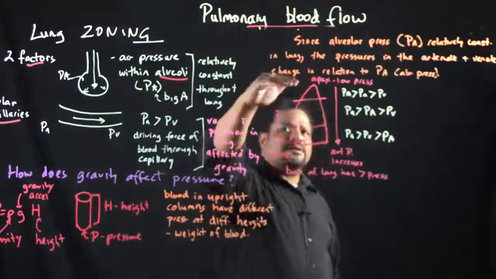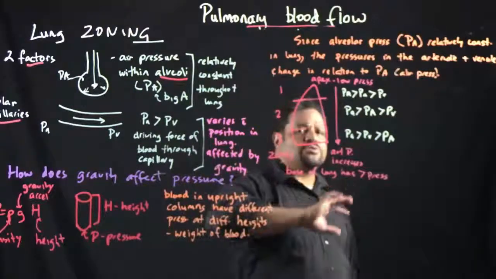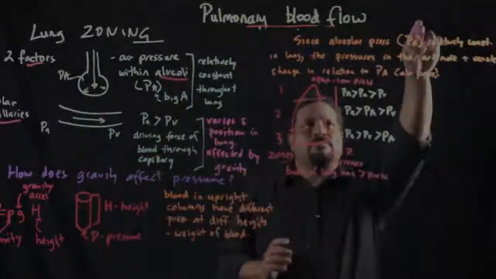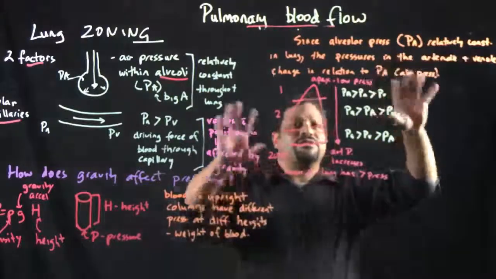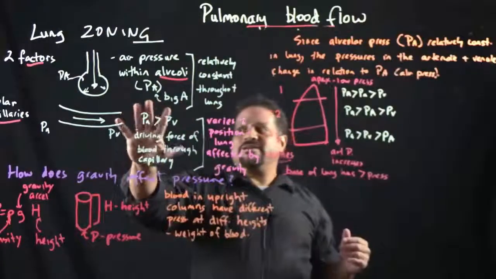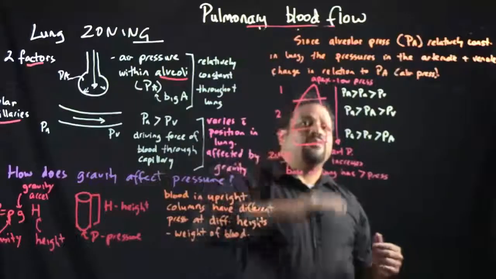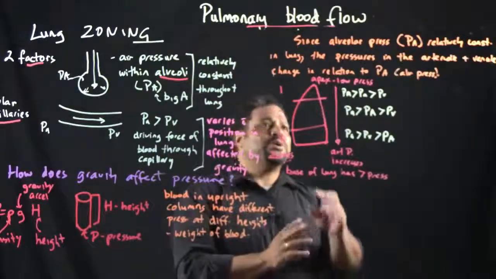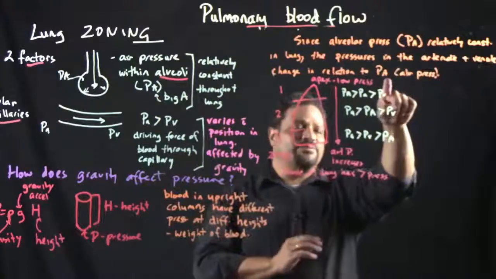We can split the lung into different zones, 1, 2, and 3. There is a fourth zone, but we won't cover it too much. Keep in mind that the alveolar pressure is relatively constant throughout the lung, but the pressure gradient between the alveolar capillaries changes throughout the lung. What we're going to be looking at is the pressures in the arteriole and venule in relation to the alveolar pressures.